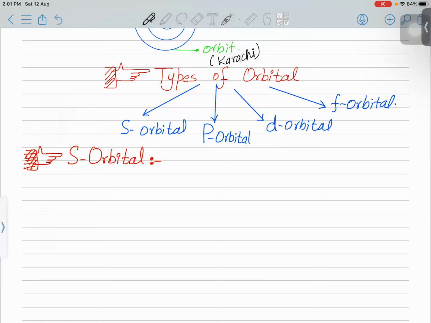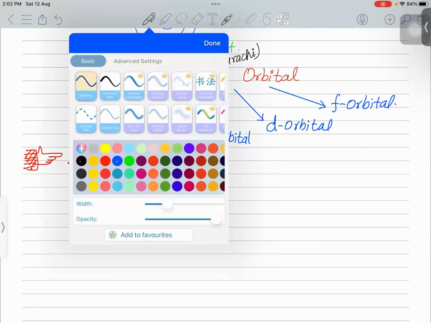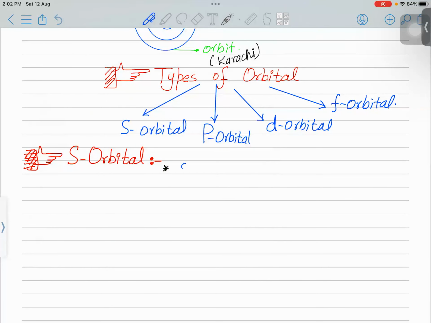A specific design, a specific color. Similarly, the shape of s orbital is spherical.